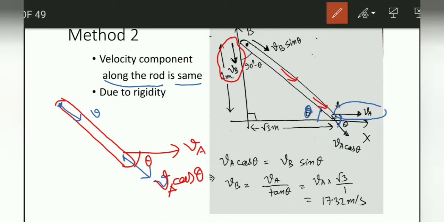Now this point is having vb, that is towards the y-axis. This point B is constrained to move along the y-axis. So what is the component of velocity of point B along the rod?